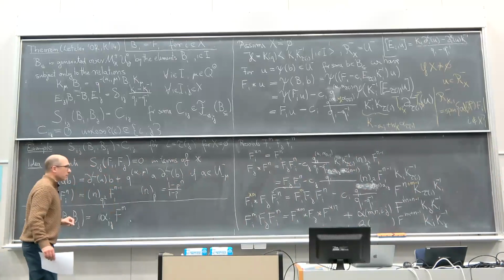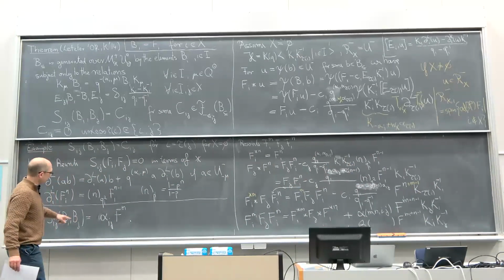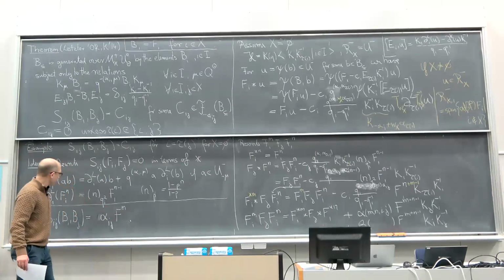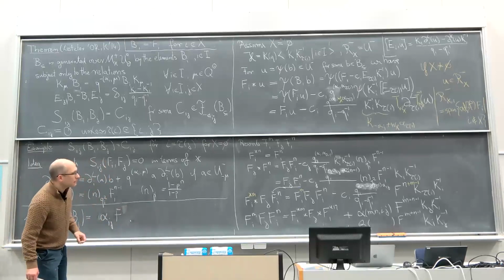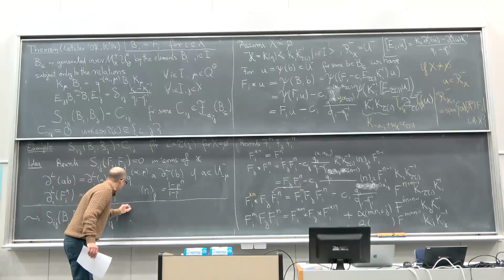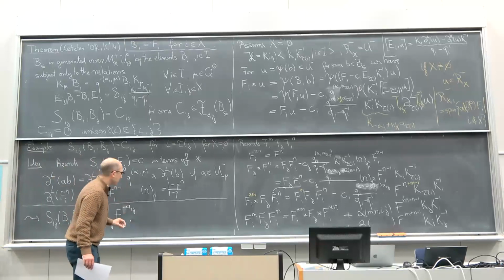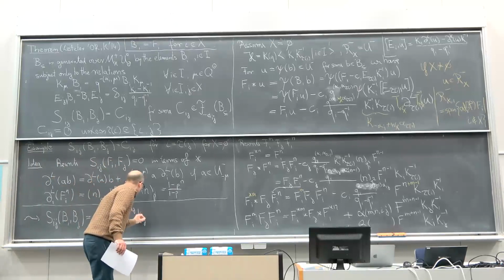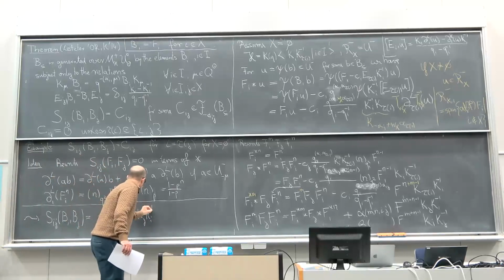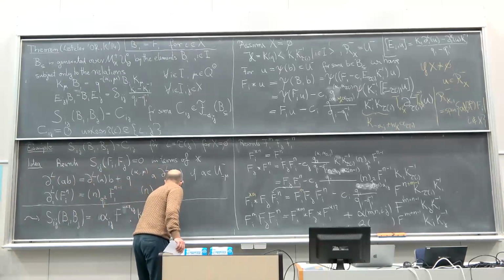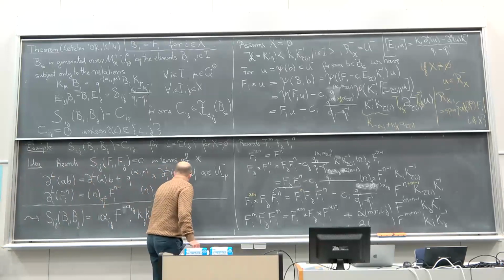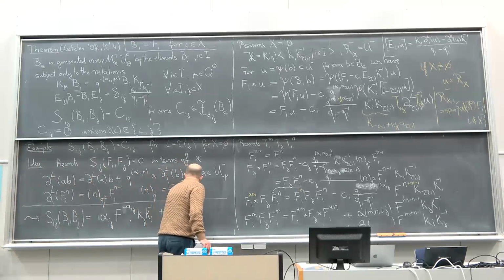So what is now m and n? In my Serre relation, the m is always 1 minus aij minus l, and the n is l. So m plus n minus 1 is minus aij times kj ki to the minus 1 plus some beta ij f to the minus aij ki kj to the minus 1.